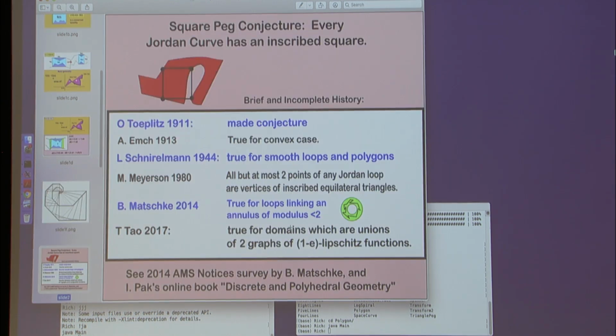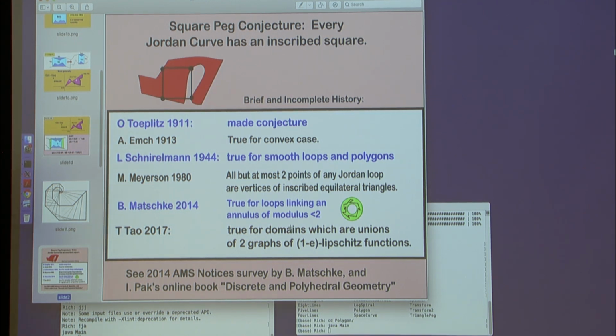OK, so here's the square peg conjecture. A Jordan loop is just the image of the circle under a continuous injective map. I do some kind of piecewise smooth Jordan loop, but the thing that gives people trouble is things where they're like fractals.